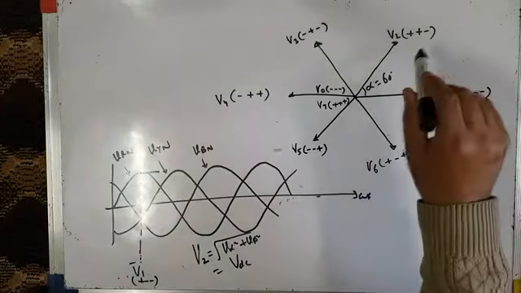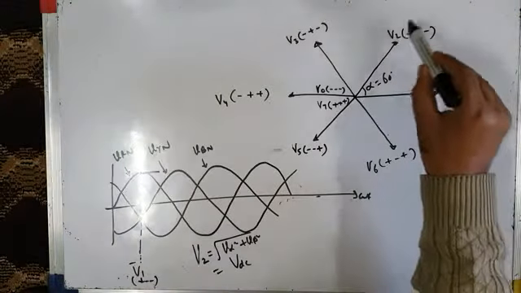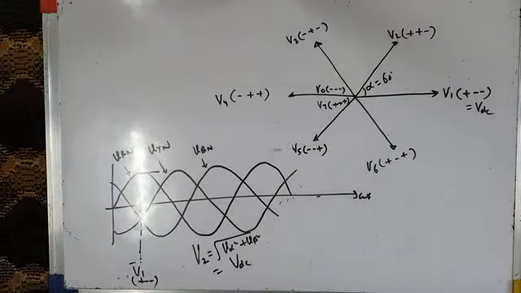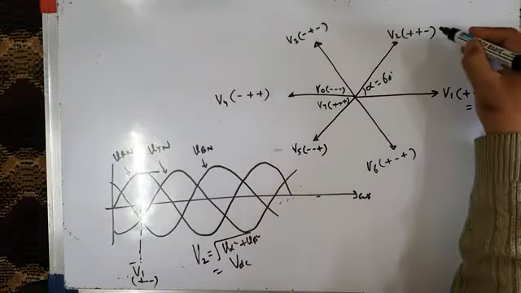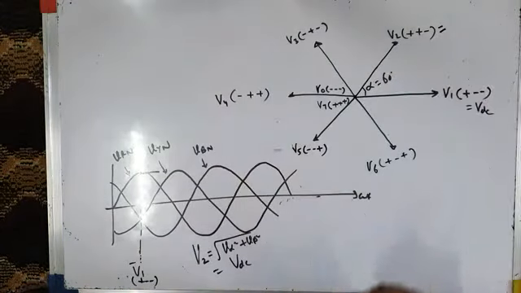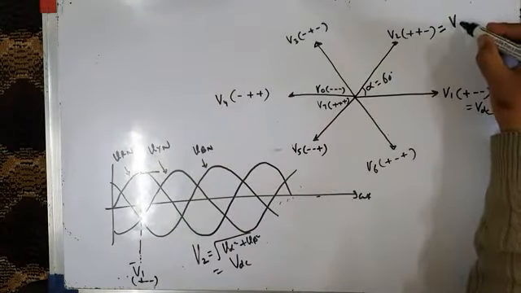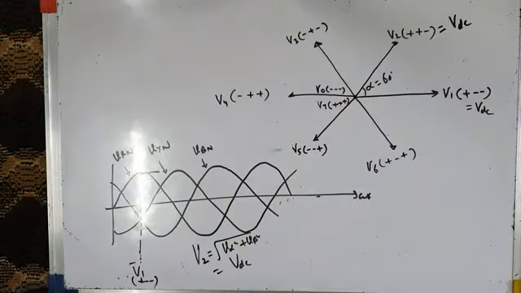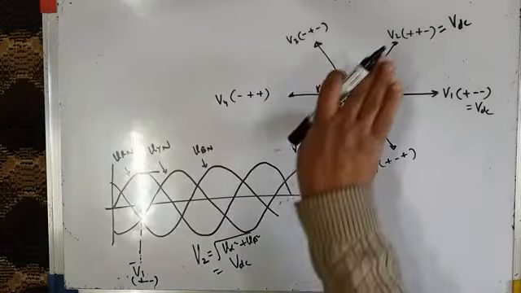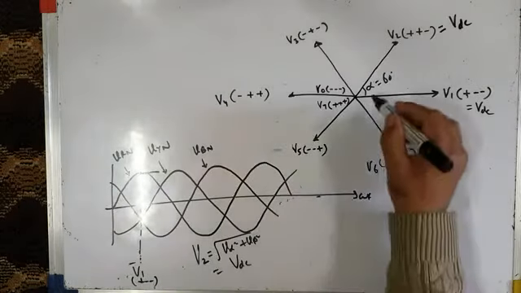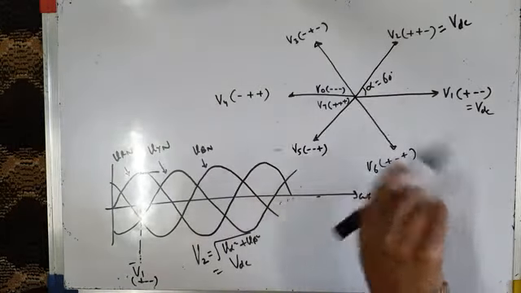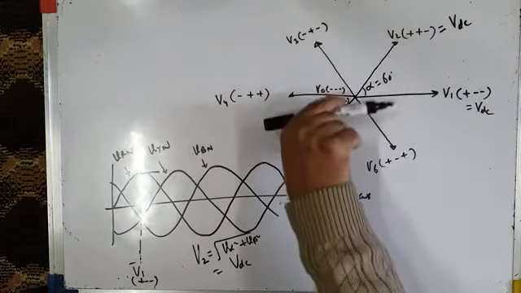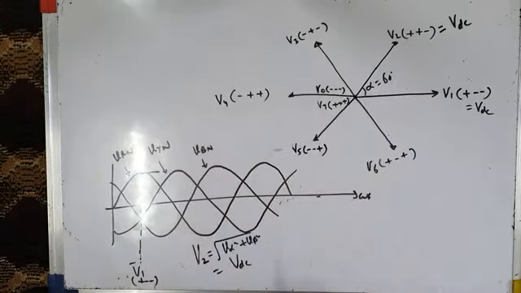And then when the inverter applies switching state plus plus minus, the voltage vector V2 gets applied, and this V2 has length equal to VDC. It gets applied across the load after 60 degrees, because we have just found that this V2 with respect to this axis is at 60 degrees.